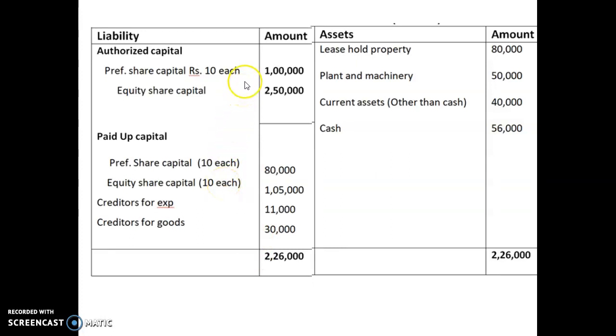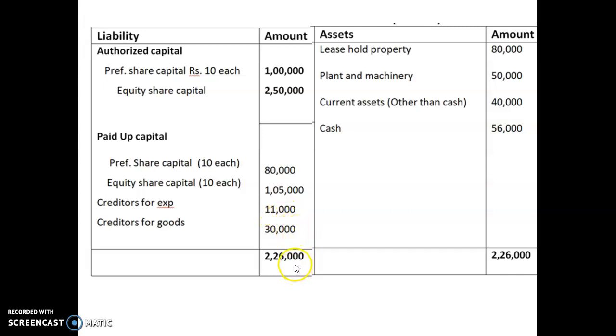Authorized capital, equity capital and preference share capital are shown here. Then total paid up capital: preference share capital is 80,000, and equity share capital is 1,05,000. That is 1,00,000 already existing capital plus 5,000 newly issued to preference shareholders against their arrear dividend. Then these 2 figures are already existing in the balance sheet: creditors 11,000 and 30,000.